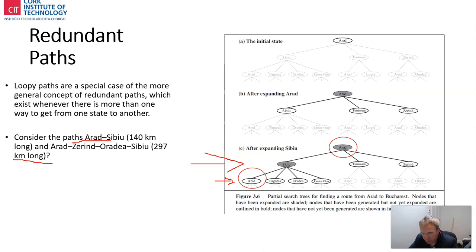But in other cases, redundant paths are unavoidable, typically where the actions are reversible. So route finding problems and the sliding block puzzles would both be instances of problems that would experience that.